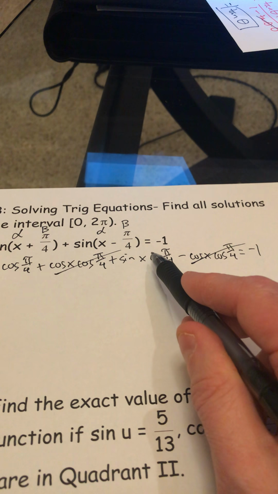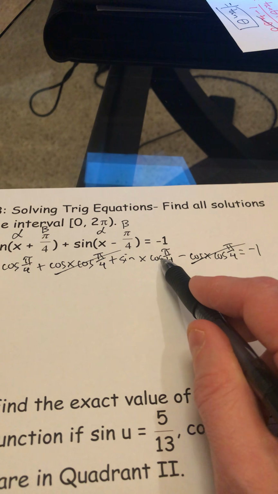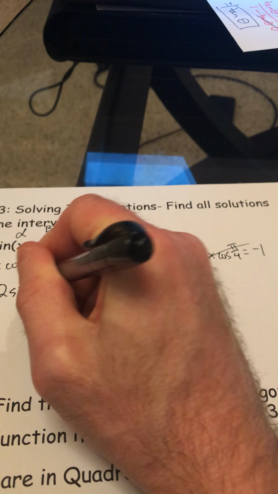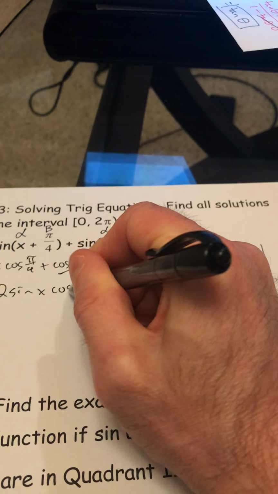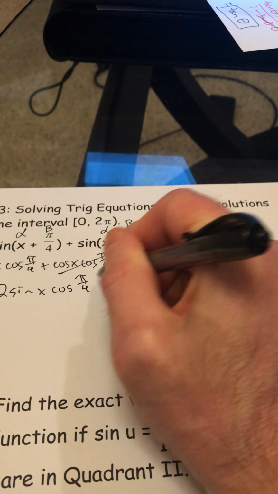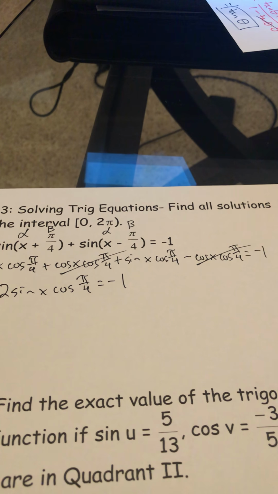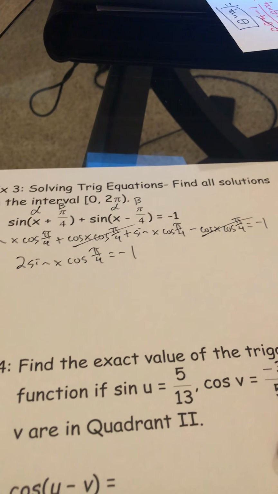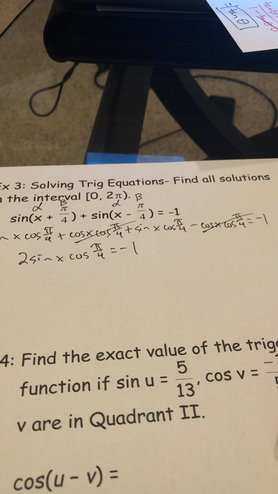We have sine x cosine pi over 4 plus sine x cosine pi over 4. Well, that becomes 2 sine x cosine pi over 4 equals -1. From here, there's a couple of different ways you can go about working with this.